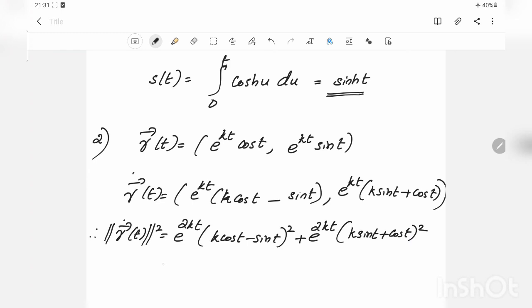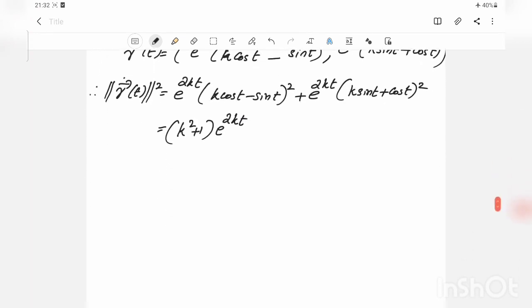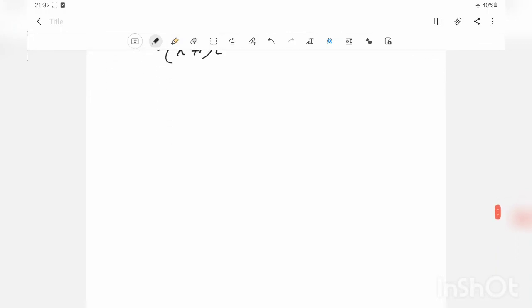Expanding this and cancelling terms, we finally obtain (k square plus 1) e raised to 2kt, since cos square t plus sin square t is equal to 1. Here the starting point is not given, so we can consider any starting point. Here we consider gamma of 0 equal to (1, 0).